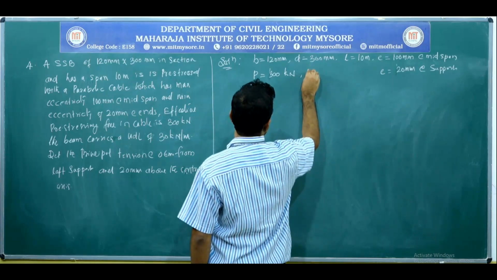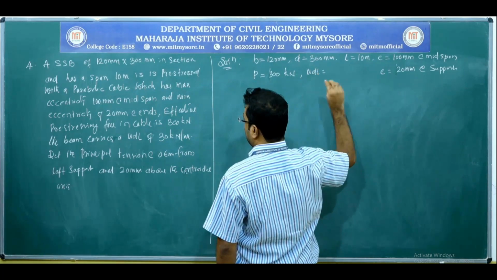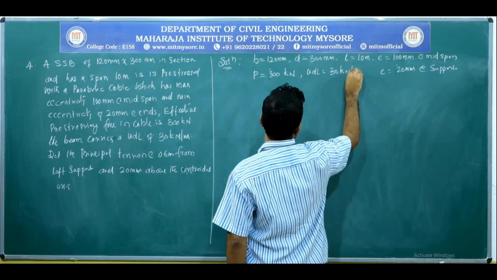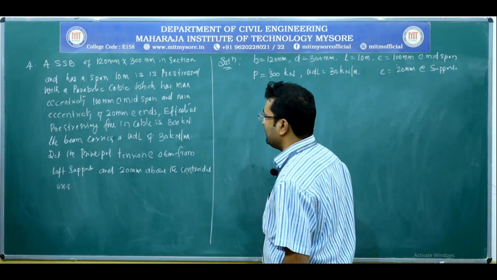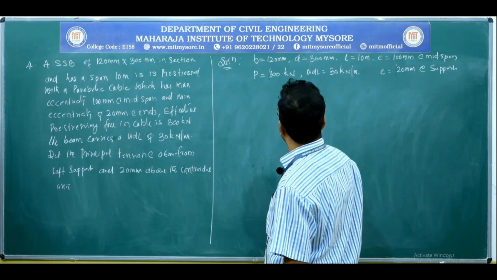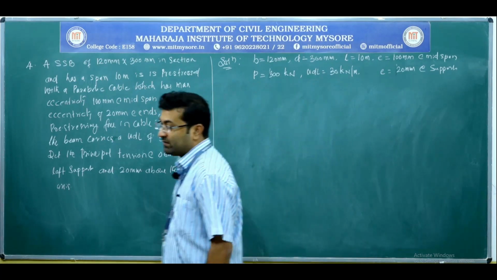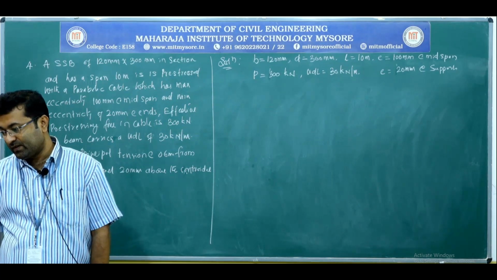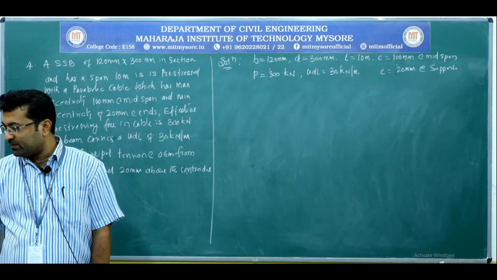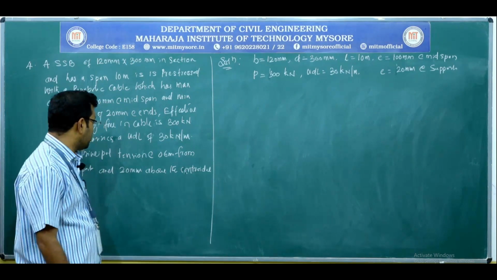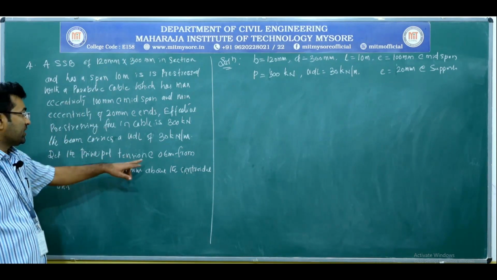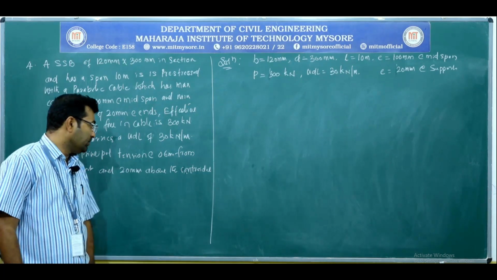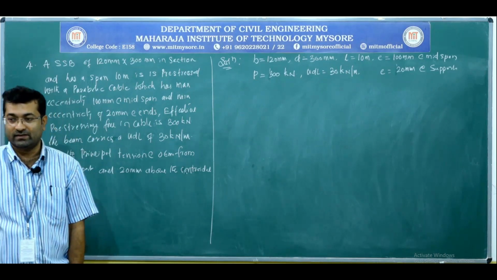And on the beam there is a UDL of 30 kilonewtons per meter, which is inclusive of the self weight of the beam. They have asked us to determine the principal tension at a distance 0.6 meter from the left support and 20 millimeter above the centroidal axis.